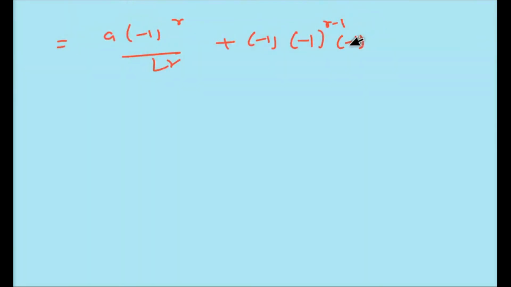So this is minus minus positive and this is minus r, and if we multiply it by r, factorial r minus 1 b, this we have done as the extra.